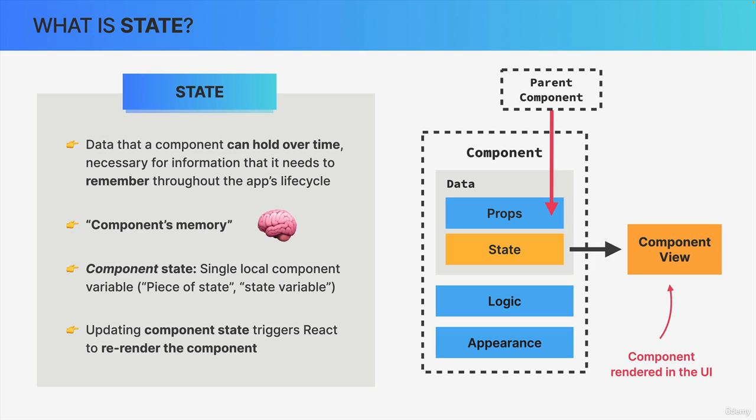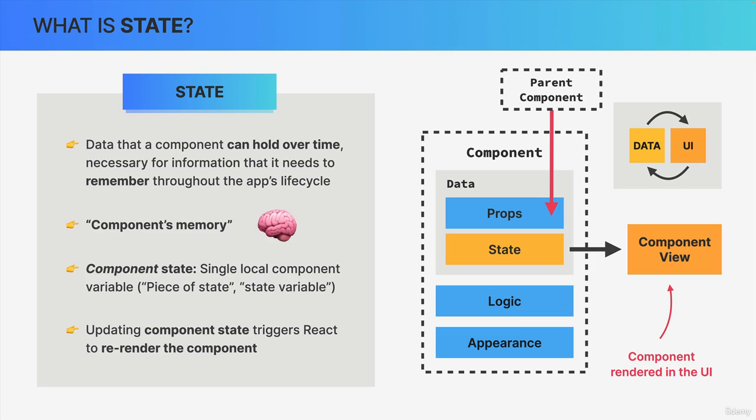Now, do you remember this small diagram that we saw right at the beginning of the course when we first talked about how React automatically keeps data in sync with the UI? Well, state is how React does that. So state is how React keeps the user interface in sync with data. We change the state, we change the UI.